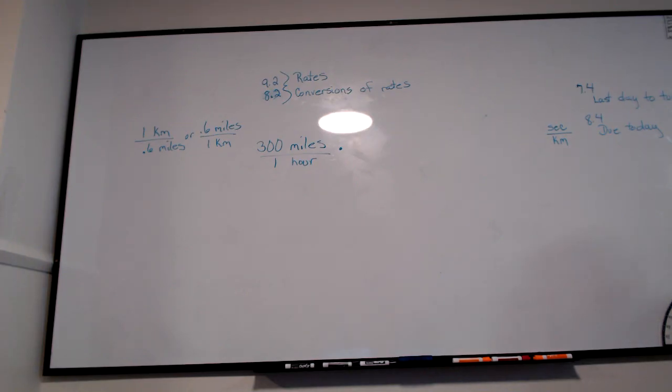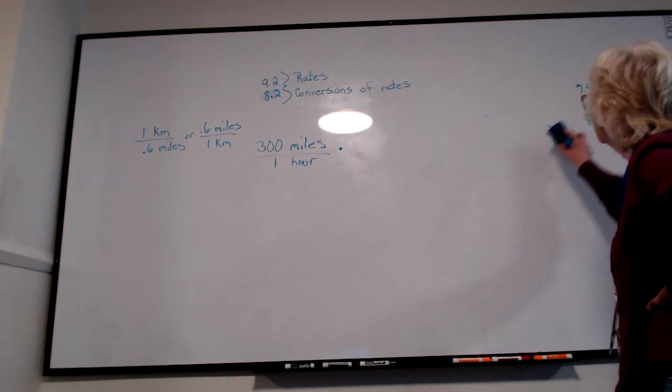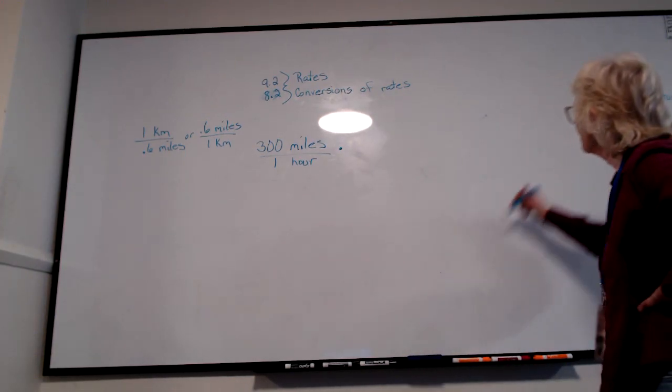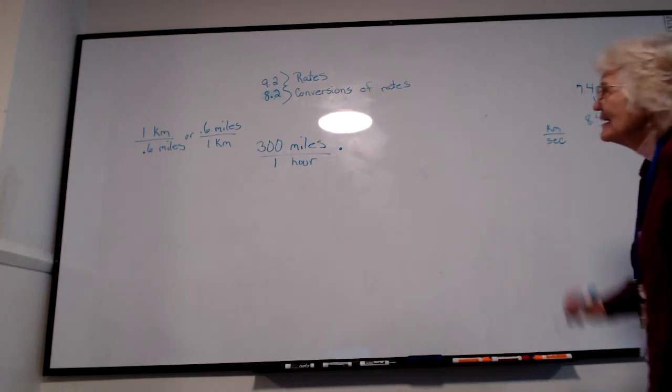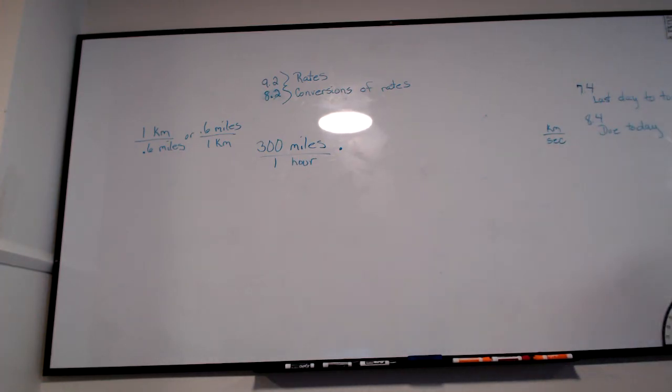Actually, sorry, I'm going to do this differently. I want to know kilometers per second. Right. So, how am I going to get kilometers on top? What am I going to multiply by? Which fraction?